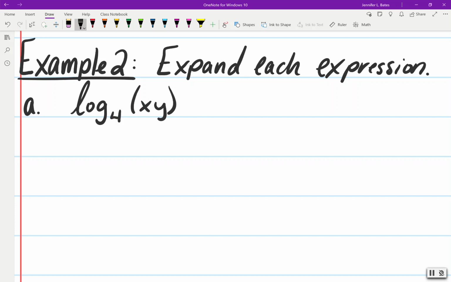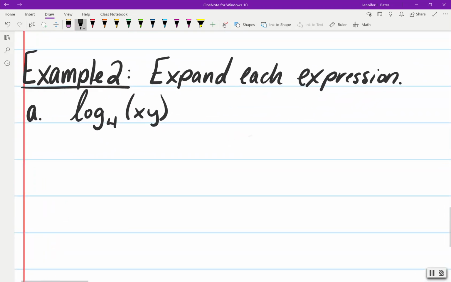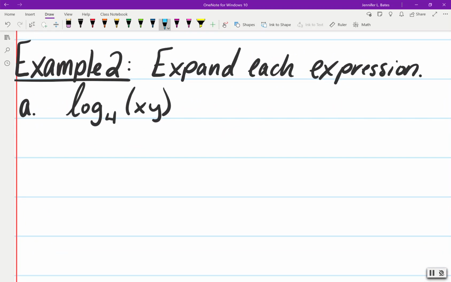Good. Log property number 1. If you take a look at log property 1, it says if I have 2 logs getting added, I just multiply the arguments. So if we work backwards, if I multiply the arguments and I want to expand them, I just need to rewrite this as 2 logs that are being added.